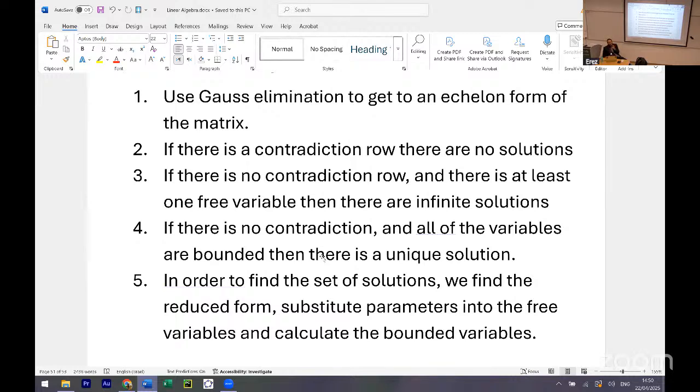You assigned it as a free variable because there was no pivot in its column, right? Not because of the row. That's why I keep saying it's not because of the row, it's because of the column. Yeah, that's right.